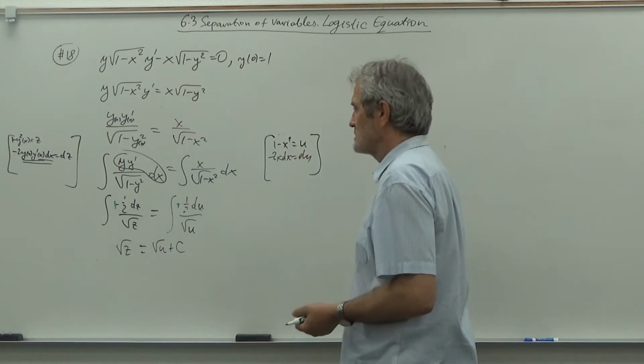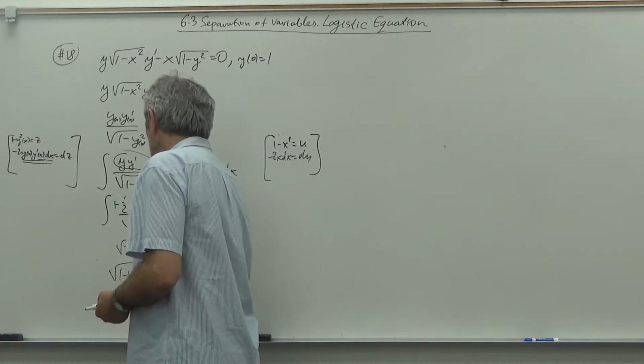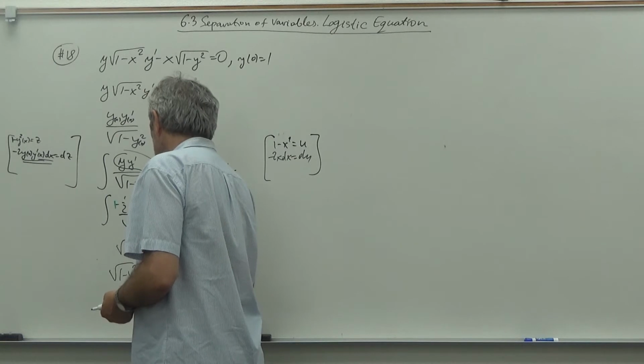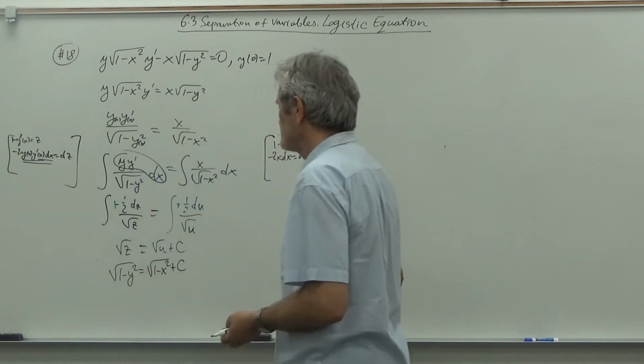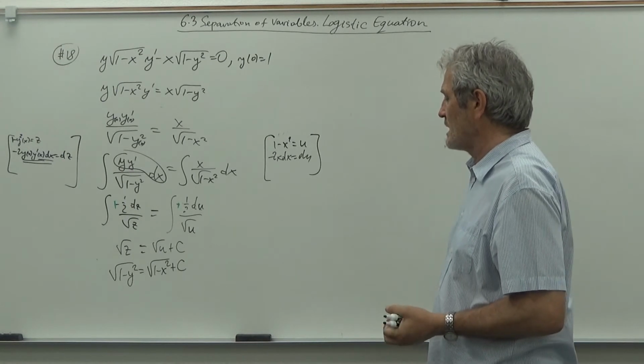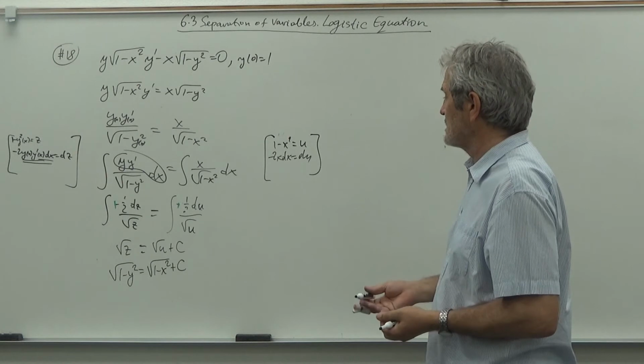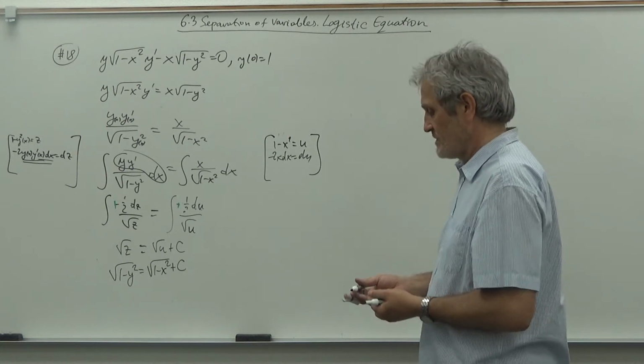Now we recall who is who, so we get the square root of 1 minus y squared equals the square root of 1 minus x squared plus c. And then, of course, we would like it to look nicer, but I better first fix c so that I get the IVP solution.